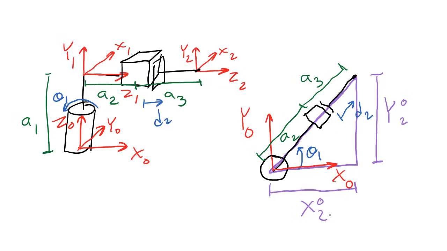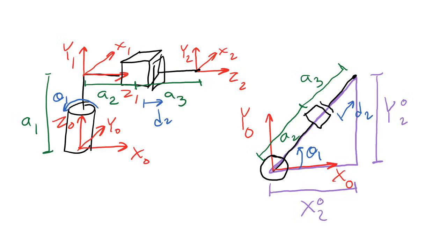In inverse kinematics, x02, y02, and z02 are the inputs. Those are the things that we know at the start of the problem. That's why this particular triangle is useful to us. We already know 2 of the sides, x02 and y02.